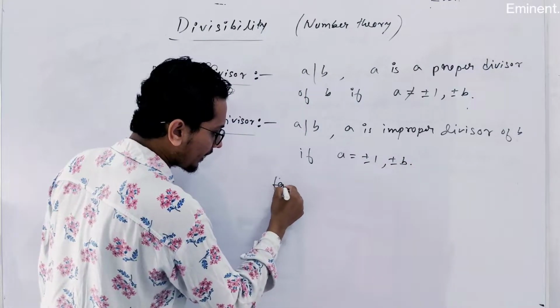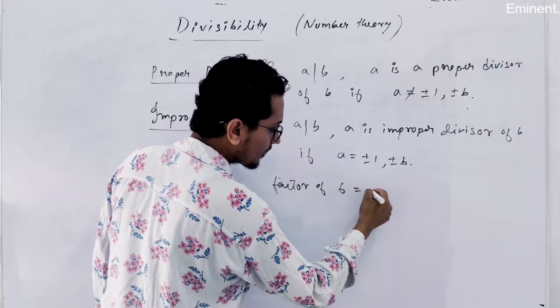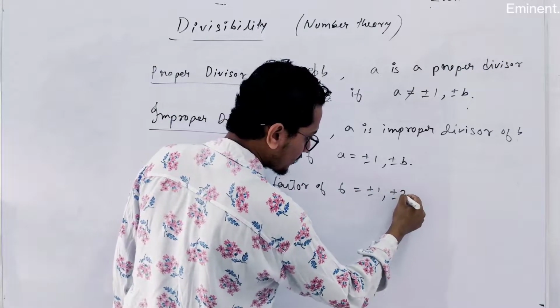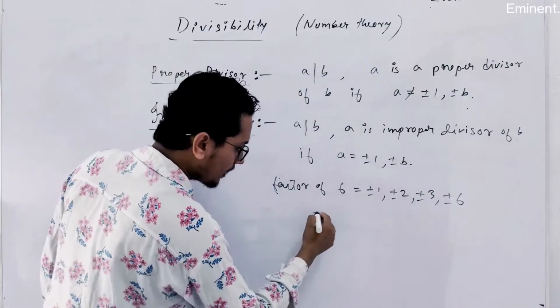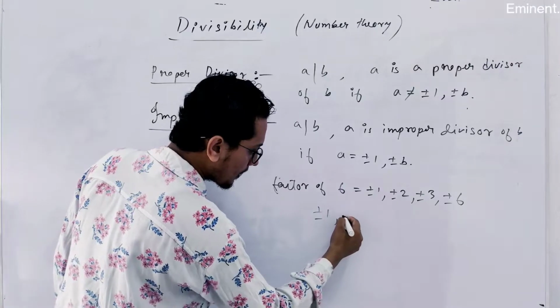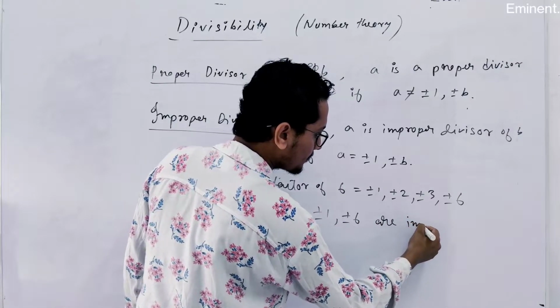For example, the factors of 6 are what? Plus minus 1, plus minus 2, plus minus 3, plus minus 6. Then here plus minus 1 comma plus minus 6 are what? Are improper divisors.